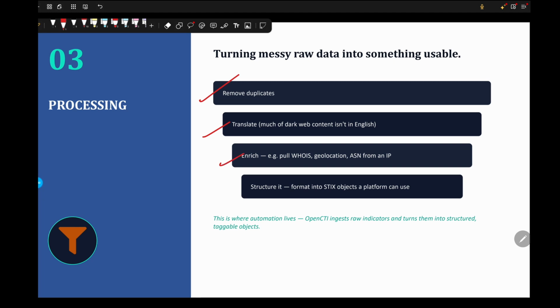Then enrich. Of course, when you're collecting and processing the data, it's important to know that the data you collected is supported with enough evidence.